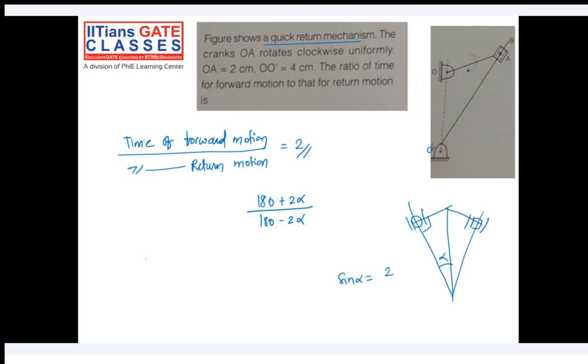Perpendicular is 2, hypotenuse is 4, so it is 0.5, and alpha is equal to sine inverse of 0.5, which is 30 degrees. From that you get 180 plus 60 divided by 180 minus 60, so it is 240 by 120, which is 2.